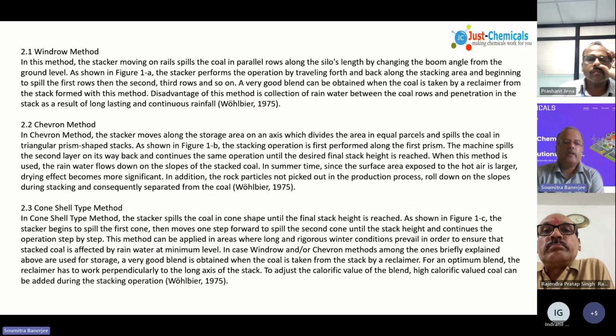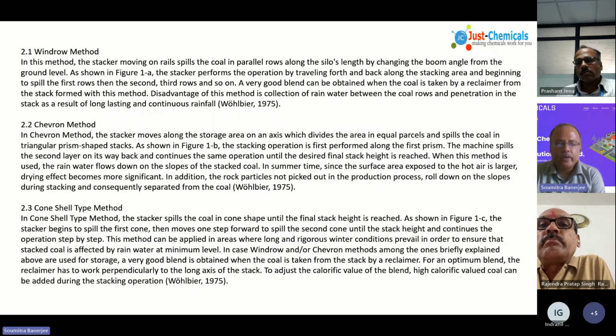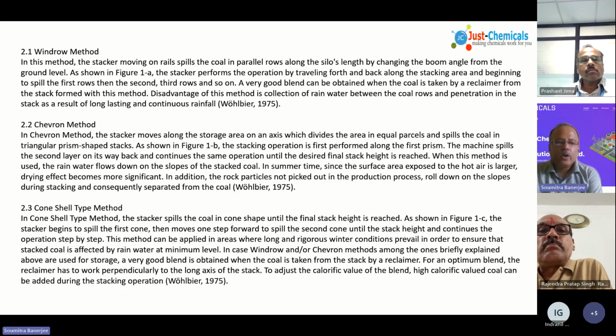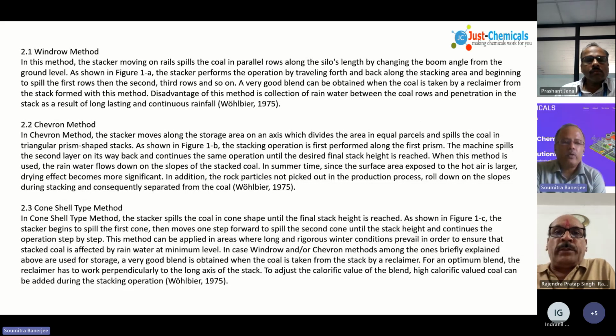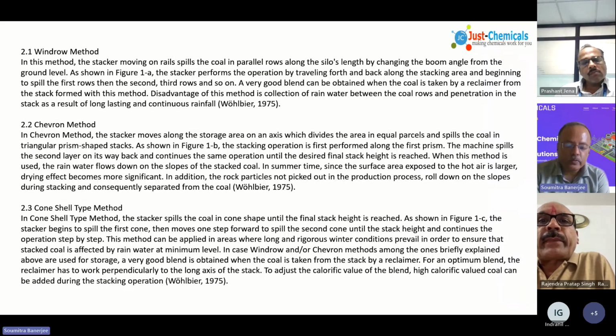And here is the literature on the three kinds: windrow method, chevron method, and cone shell type method. If you have to blend, then the windrow method or chevron method would be better. Cone shell type should be avoided, because that will increase the chances of spontaneous combustion.